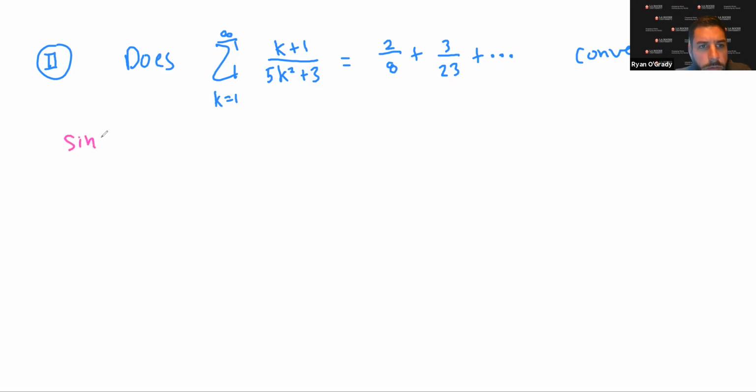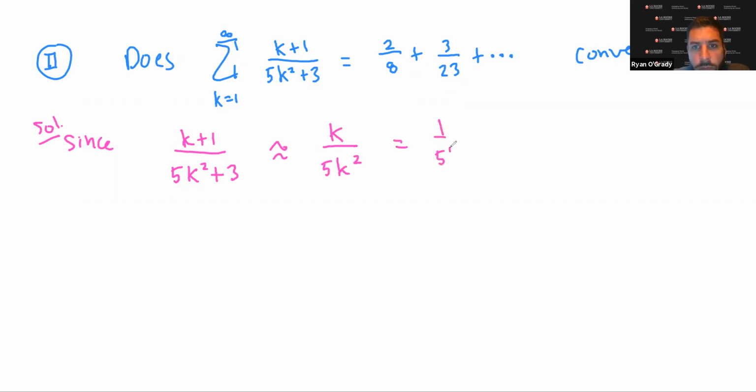Since (k plus 1) over (5k squared plus 3) is approximately k over 5k squared, which is 1 over 5k. So what is my reasoning here? This is my reasoning when k is large.